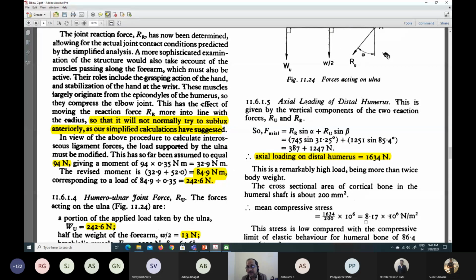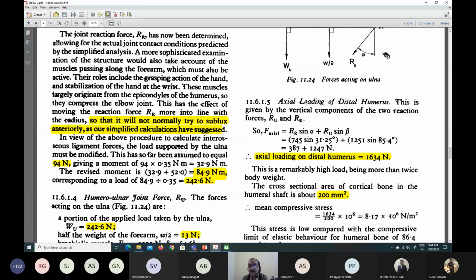Okay. Now the cross-sectional area of the cortical bone in the humeral shaft, mean cross-sectional area, is 200 millimeters square. So the mean compressive stress comes out to be about 8.17 MPa.